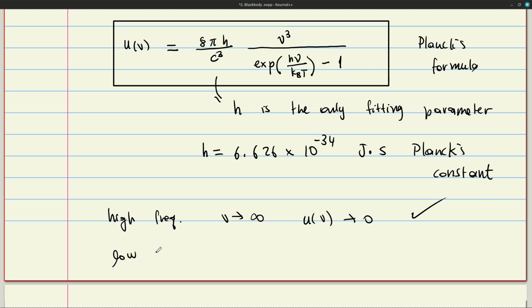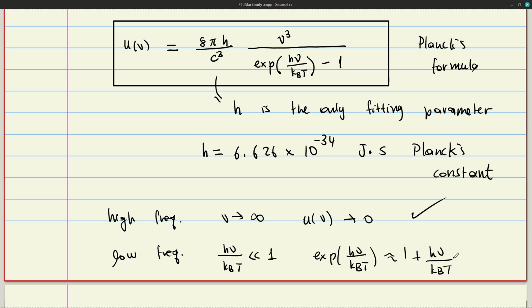And low frequency, h nu over kBT much less than 1, is what I call the low frequency regime, and in that case exp(h nu over kBT) can be approximated as 1 plus h nu over kBT, and there's plus 1 here and minus 1 here that are going to cancel.